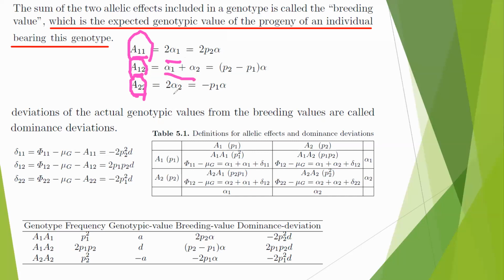The non-additive part, which is the dominance deviation I showed you in the previous slides, cannot be captured by the linear model. So usually we treat that part as the noise.